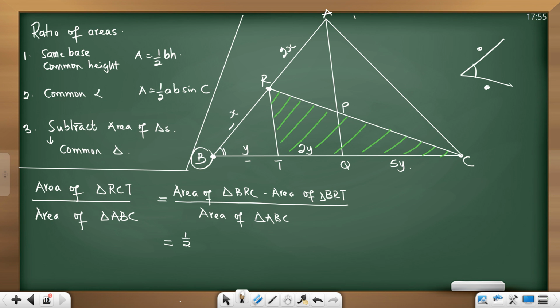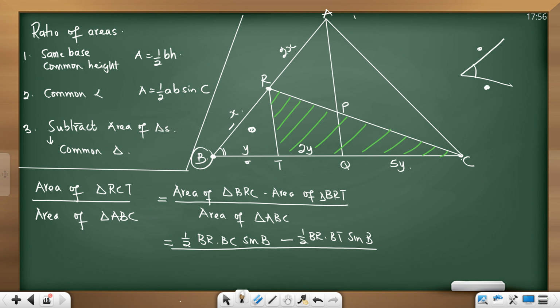So for BRC, it is half BR, BC, sine B. Minus, what about BRT, the small triangle? Half BR, what's the other side? BT, sine B.